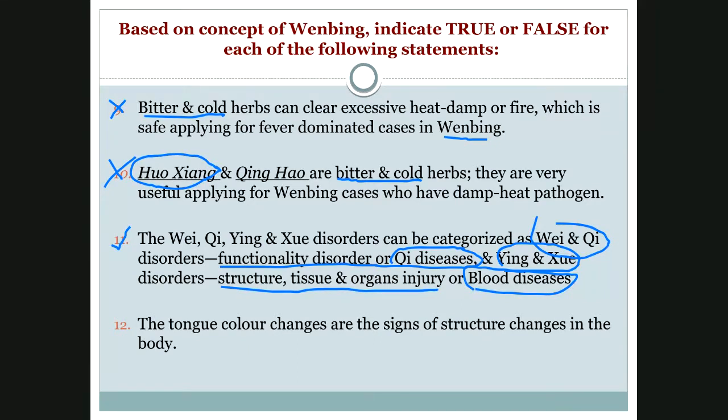Based on this construction, which is incorrect, all color changes would mean structure changes. But once there is heat in the Qi level, does the color of the tongue change a little bit? Tip and edge, yes. Only when the whole tongue becomes crimson red or has no coating do we go to the nutritive yin and blood level, and that indicates structure changes.